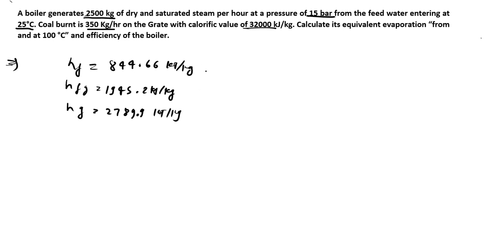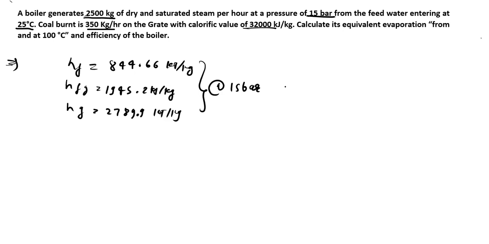So these are the values at the saturation pressure of 15 bar in the steam table. That is why I said you will need to know how to read the steam table.